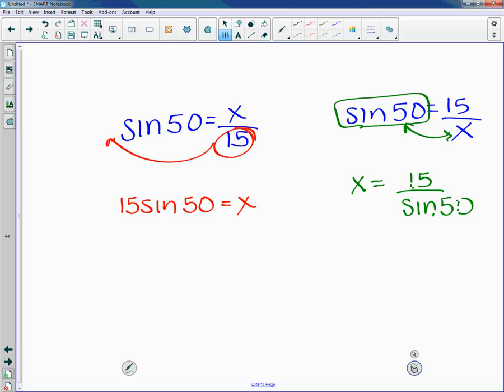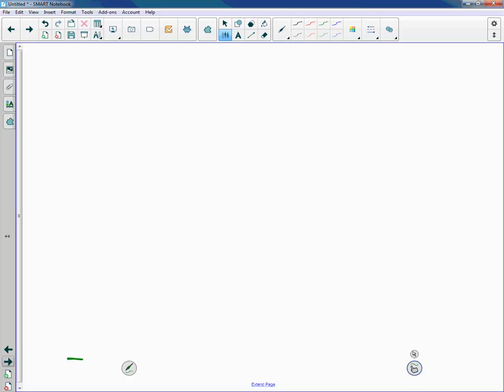If x is in the denominator, you divide. Everybody copy number 16 down, and once you copy it down, do not say it out loud. I want you to think about what is the difference here compared to the other ones we've been doing. Do not call it out.